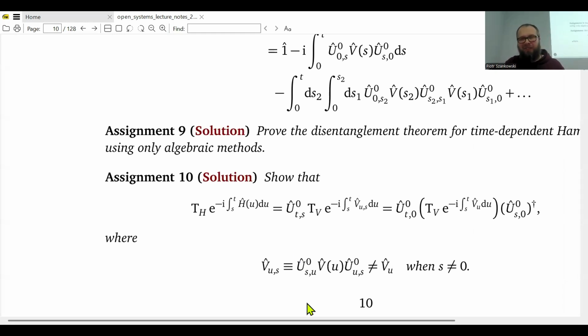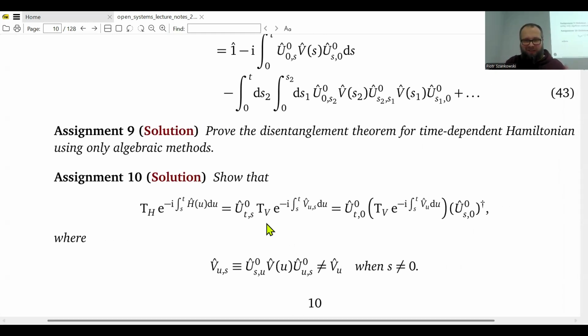There is, because if I disentangle this, my interaction picture modifies a little bit, because you have two indices, from S to U, which is not the same as V of U.